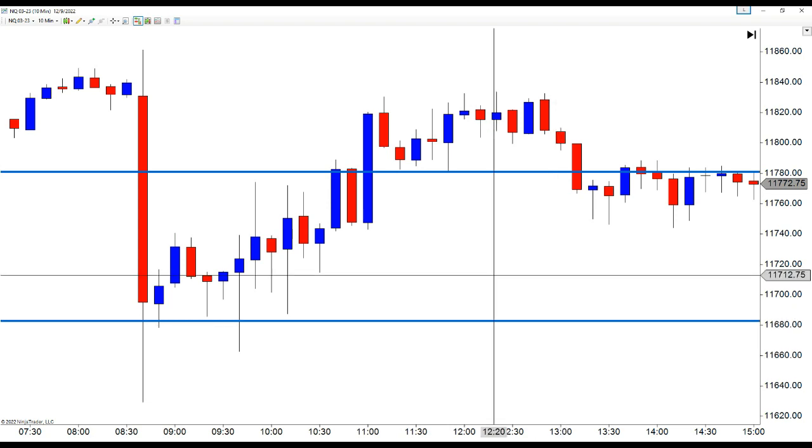Why they call it price completion, I don't know, because I don't have a better name for it. It's completion because it's an area of decision. What are we going to do next? Are we going to go up to the next area, or are we going to go down to the previous? Sometimes these areas are 80 points apart, sometimes 200 points apart.